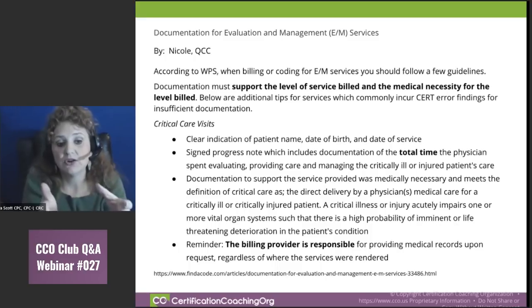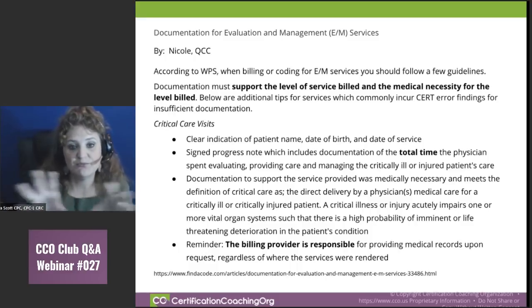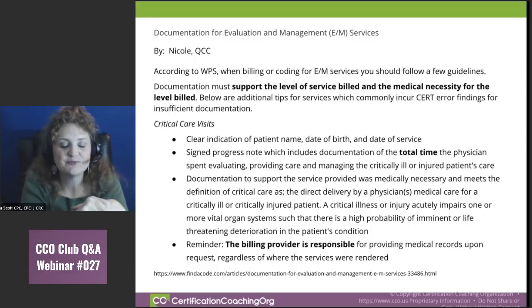Critical care would be one component, but let's say you wanted to do research on a specific type of anesthesia, or coding out anesthesia. I'm going to show you how you can take what I show you and move it to other subjects. Well, the World Health Organization ultimately is where Nicole got this, and it was published on Find a Code, their website, in one of their articles.